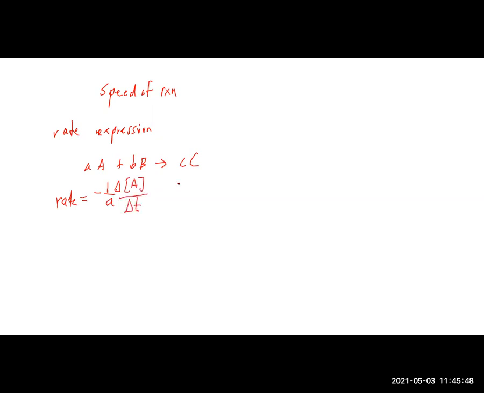And that would also equal -1 over b, the change in the concentration of B over the change in time. And that would equal 1 over c, the change in the concentration of C over the change in time.